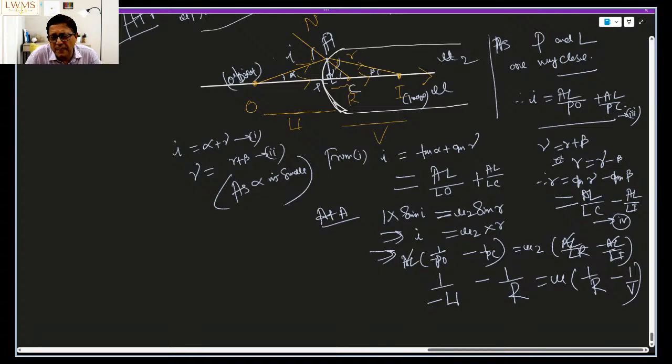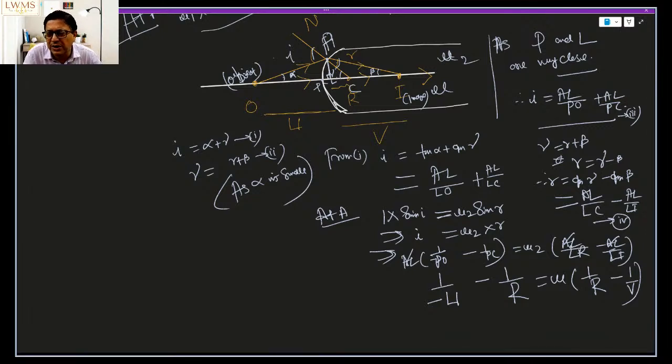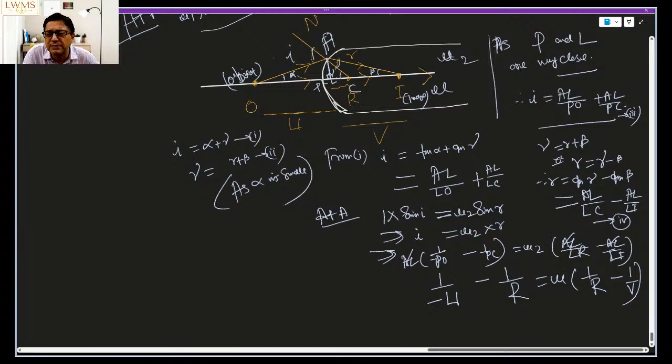AL gets cancelled, 1 by PC is plus R. Have I done it correctly? A negative sign is not matching in my calculation. I got one plus-minus problem. Check once how it is negative.